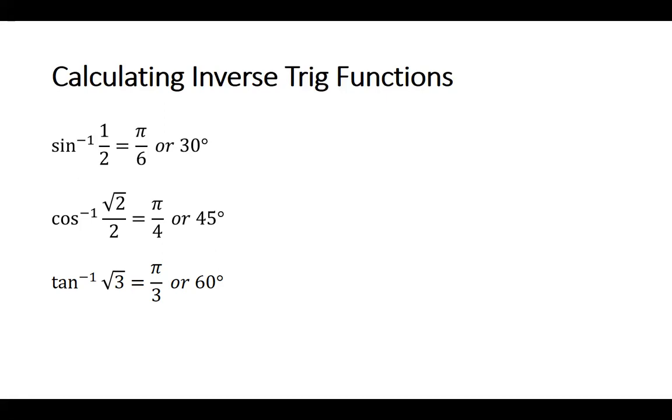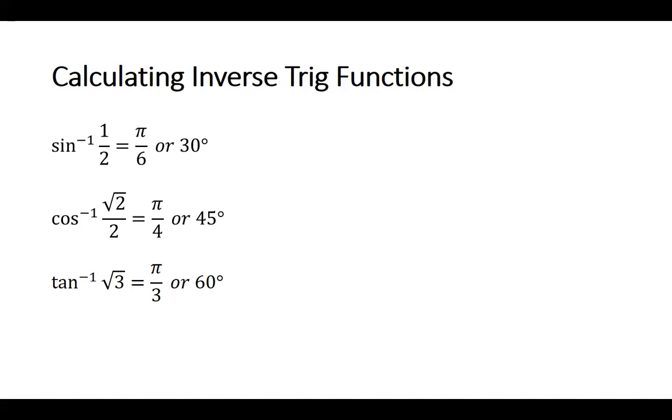So I've got 1, 2, square root of 3. Opposite is the square root of 3. Adjacent is the 1. So that puts us at the pi over 3 or 60-degree angle. And again, you can look that up on the unit circle.